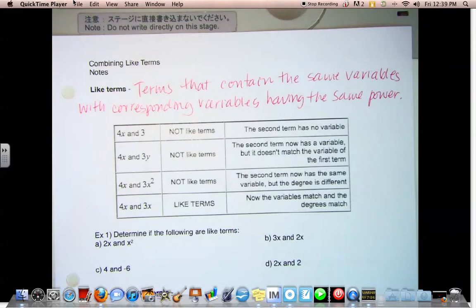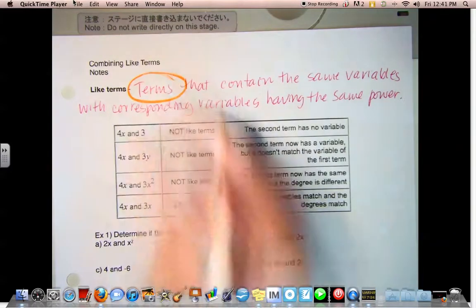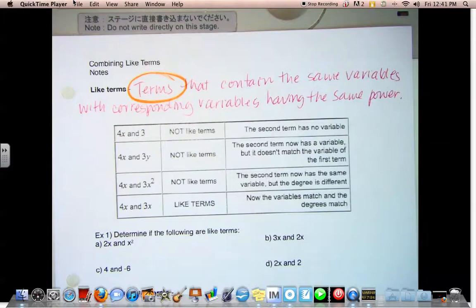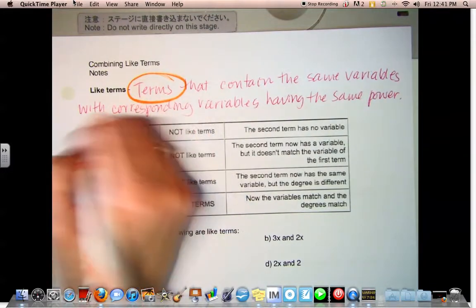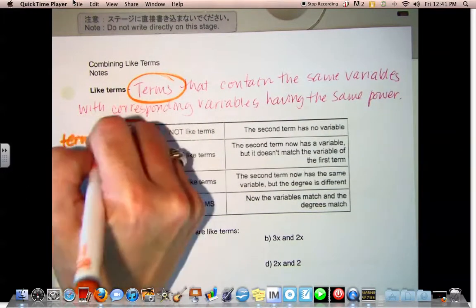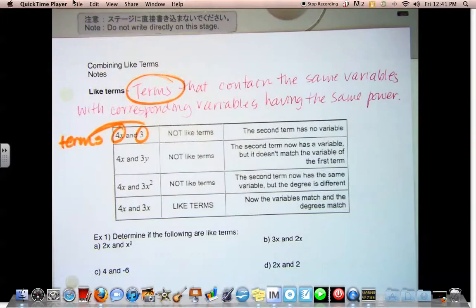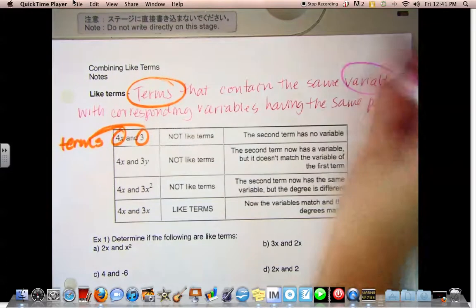All right, so we have a few words in there that we're probably not used to using. Terms. An example of terms: 4x and 3. These are examples of terms. Variables. You guys probably know what a variable is.